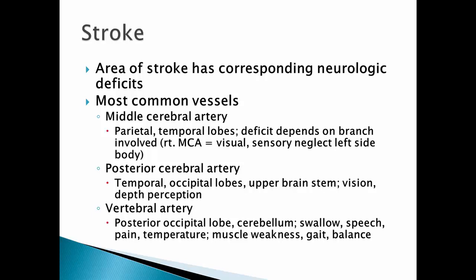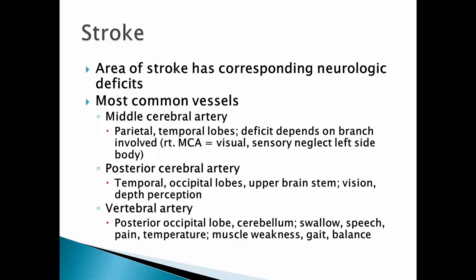Remember that contralateral effect. The posterior cerebral artery is very important in the temporal as well as the occipital lobes and the upper brainstem. As a result, when we have a posterior cerebral artery stroke, we look for defects in vision and depth perception. With the vertebral artery, we're looking at the posterior occipital lobe and the cerebellum.